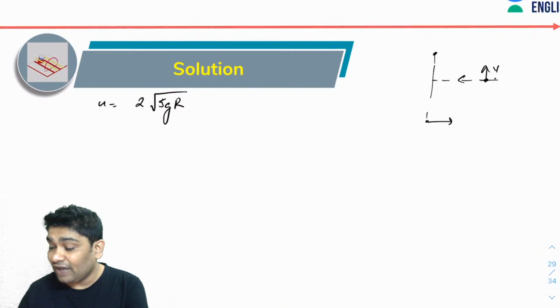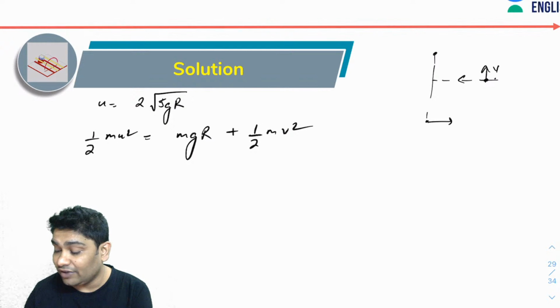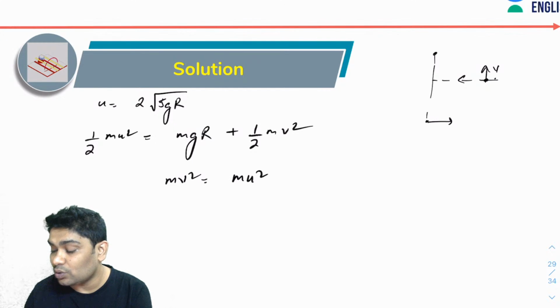So if I apply the work energy theorem, I will get half m u square equals m g r plus half m v square. So m v square equals m u square minus m g r.